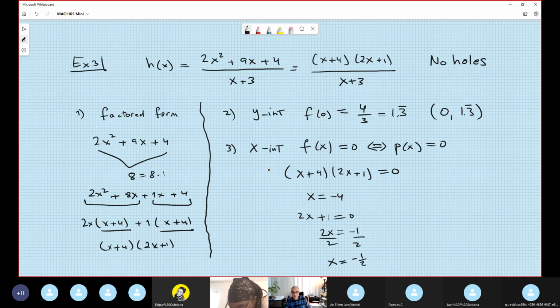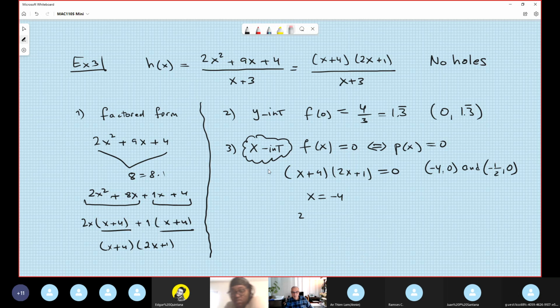Conclusion: we discovered two x-intercepts, the points (-4, 0) and (-1/2, 0). Yes, we are right. I want to erase that part because this is important information that we have. So far, we have 3 points: 1, 2, and 3 points.